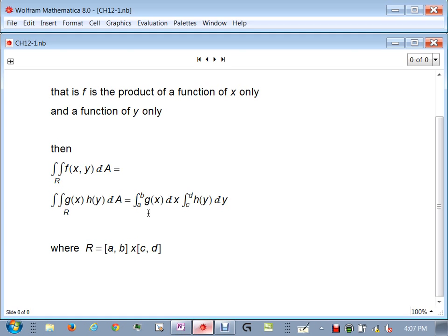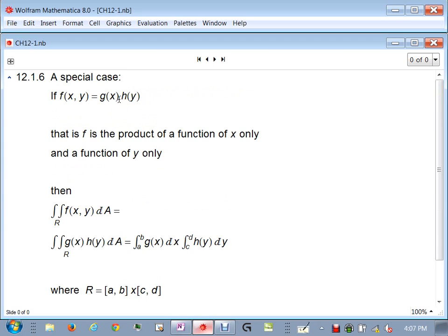The first one using the a and b from x, integrating with respect to x, the second one going from c to d, and then just the y. So you can split double integrals into single integrals only if the integrand is a product of two functions of x and y separately.